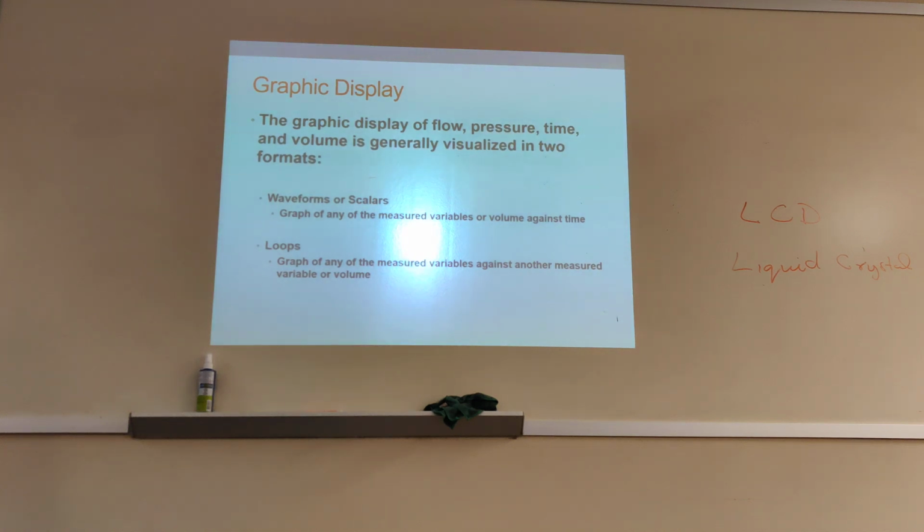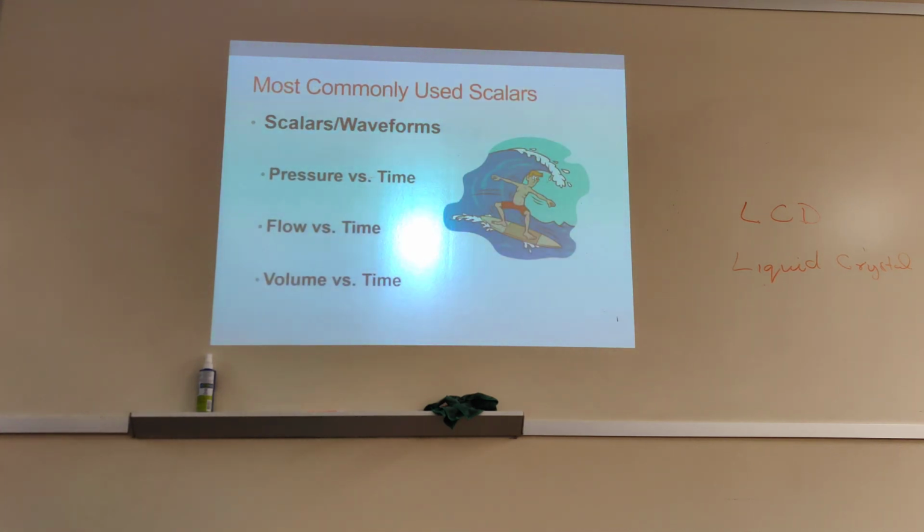So a loop is you're plotting a graph between two variables. A scalar or waveform will be when you plot any of the variables against time. So these will be the scalar or the waveform: pressure versus time, flow versus time, volume versus time.